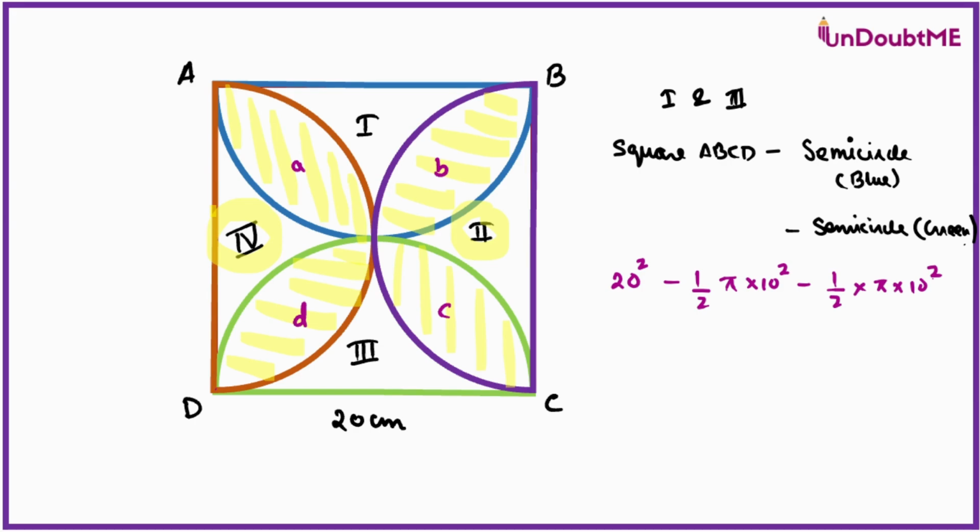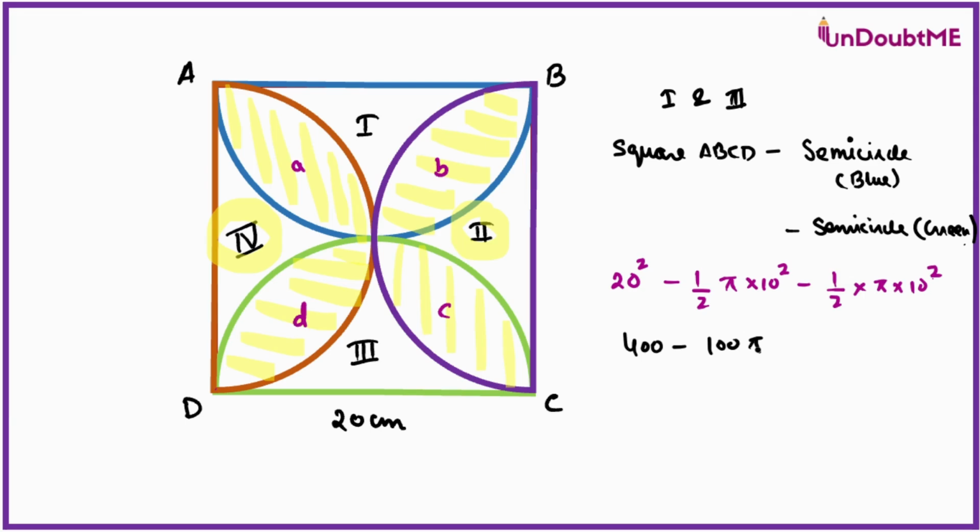Okay, in all, as I mentioned in the beginning, we are just looking for the areas of parts 1, 2, 3, 4. If we get that, we will subtract it from the square. Okay, so this calculation, 400 minus, eventually it will be 100 pi. Let me just do the calculation.